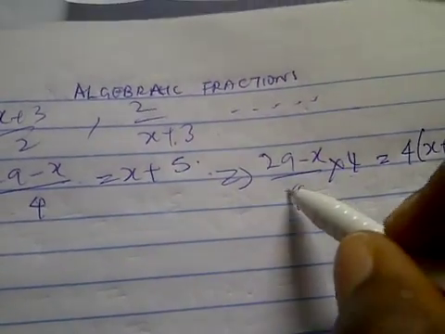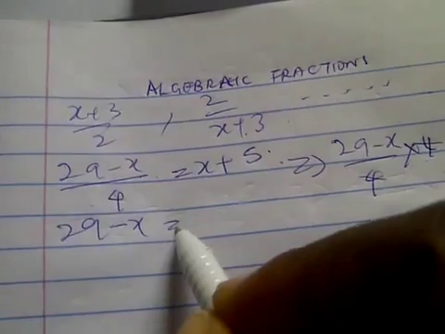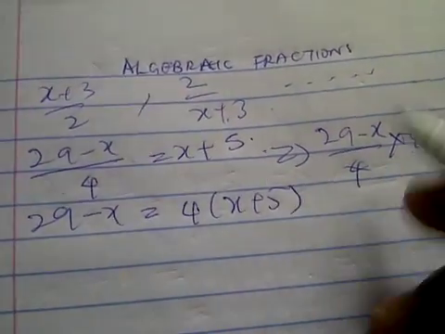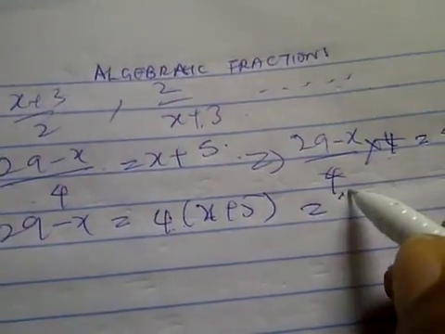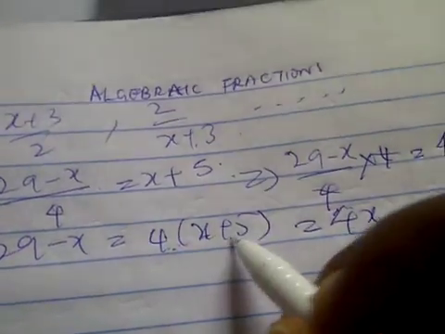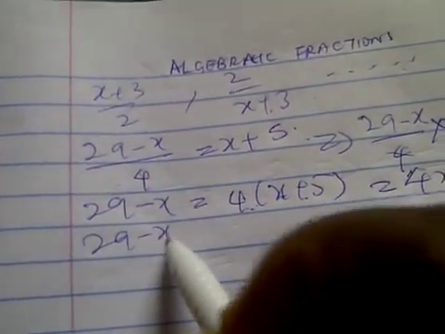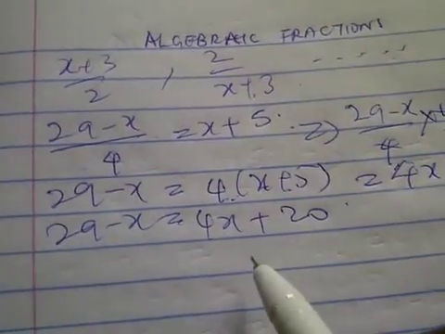Now this 4 will cancel out this 4. You have 29 minus x equals 4 times (x plus 5). And 4 times x is 4x, 4 times plus 5 is plus 20. So you have 29 minus x equals 4x plus 20.